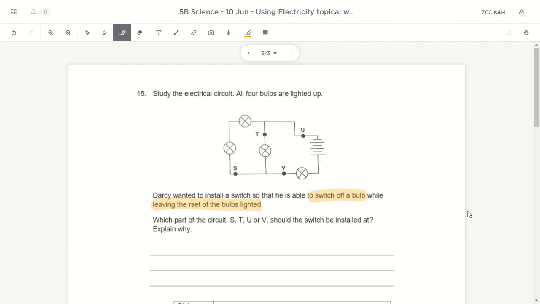Okay, so once you look at the diagram properly, you realize that over here, I'm going to highlight, this bulb in particular is connected in parallel.